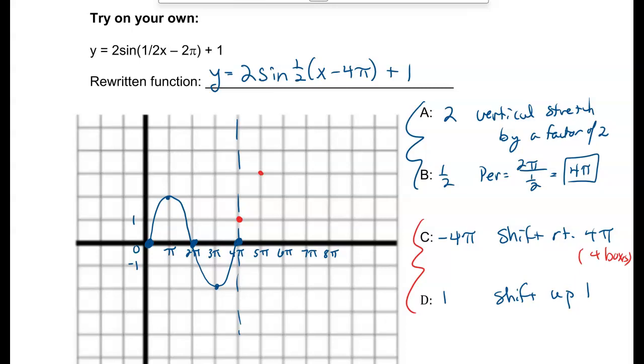Paige, double check me. Am I on the right one this time? Did I go correct to scale? Okay, good. Thank you for catching that really right away. All right, and this would be your final graph.